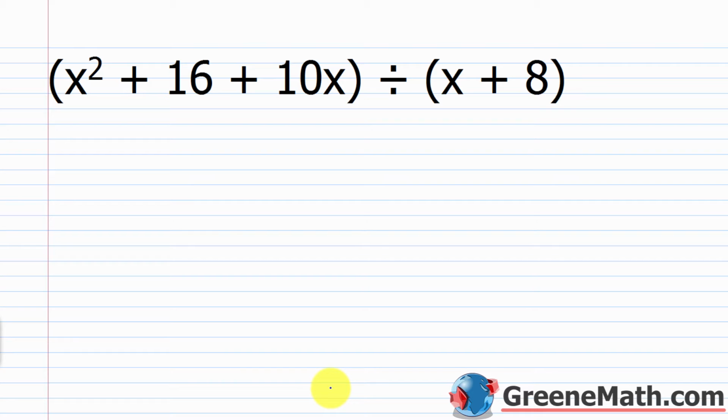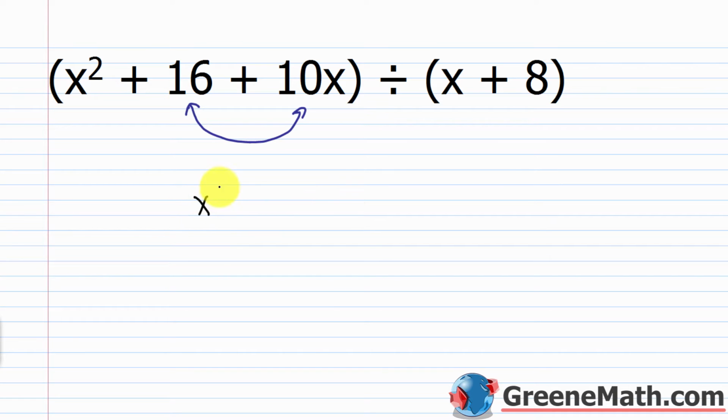So we have x squared plus 16 plus 10x divided by x plus 8. So one of the things I haven't mentioned yet is that each polynomial, when you're doing the division, has to be in standard form. So this is out of order, right? The 10x should be over here. The 16 should be over here. So when I set this up in long division format, I'm going to correct that.